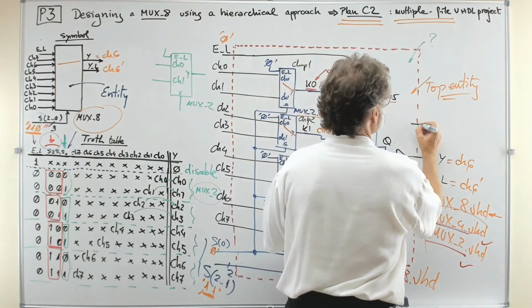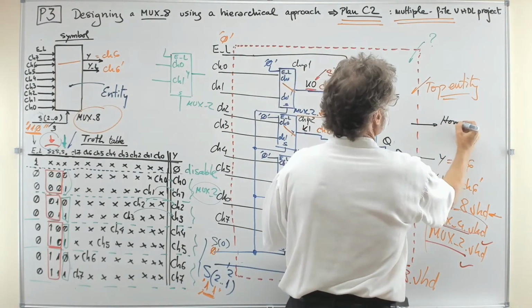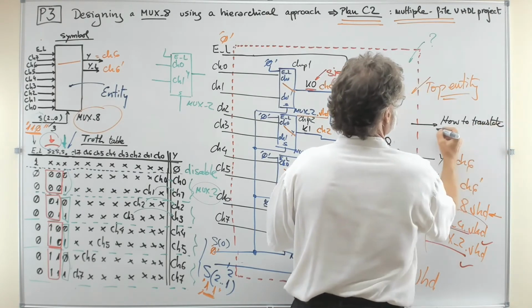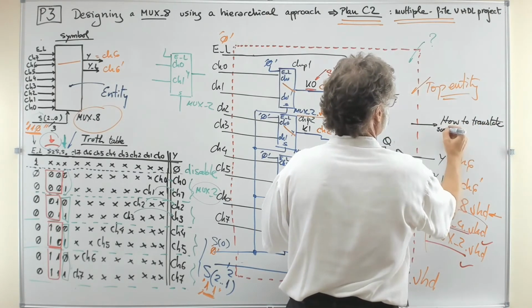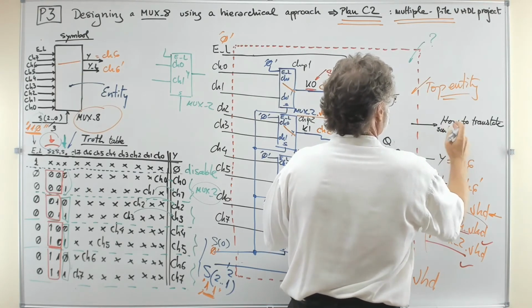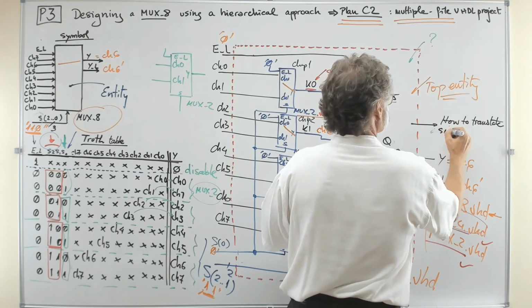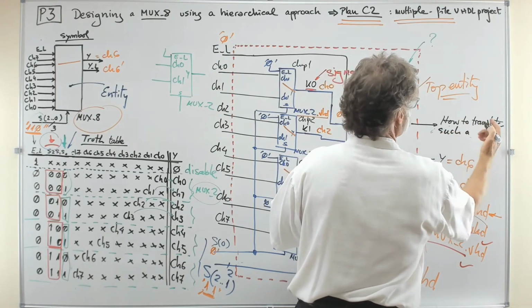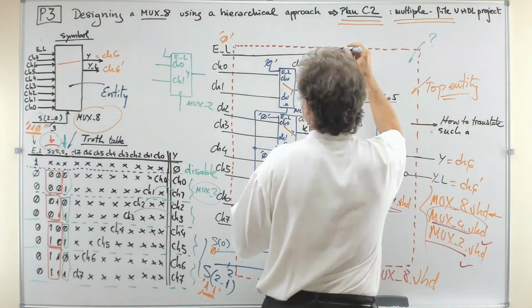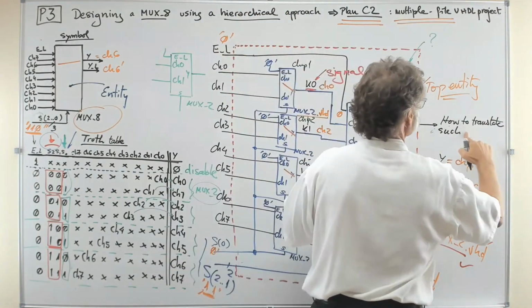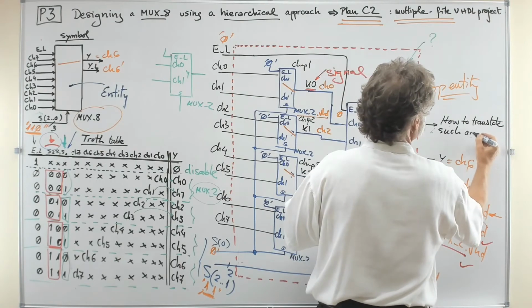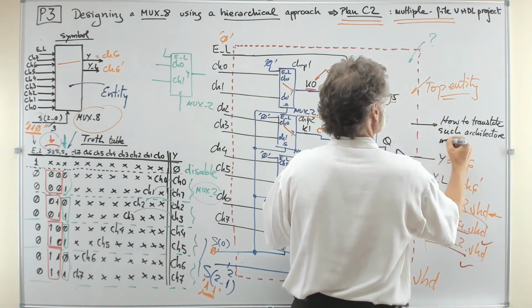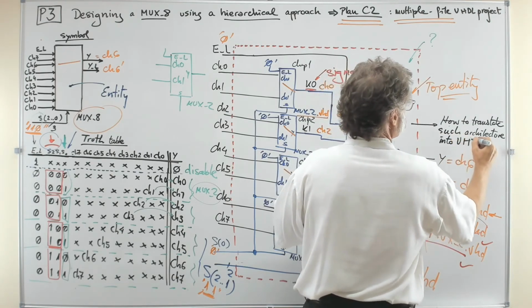So the question now is how to translate such a circuit, such a hierarchical circuit, such an architecture, into VHDL.